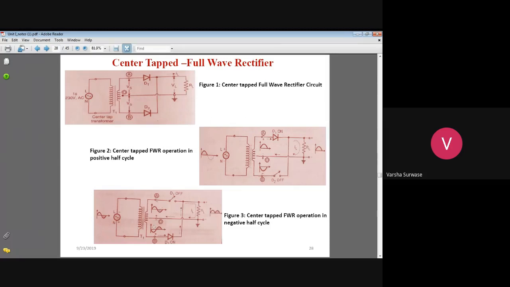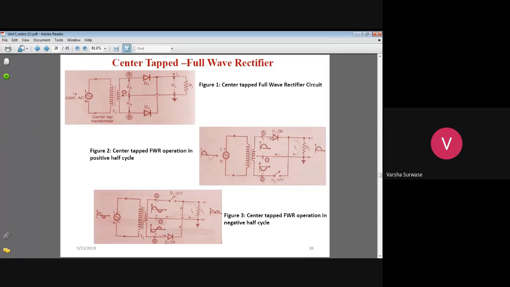And as the voltage becomes positive in the second half, at position B you will get the positive input voltage. Because of the positive input voltage, diode D2 turns on, and because of the negative input voltage at point A, diode D1 turns off. Diode D1 acts as an open switch and diode D2 acts as a closed switch.